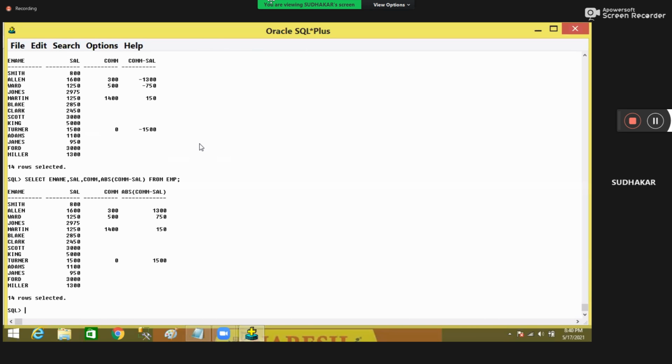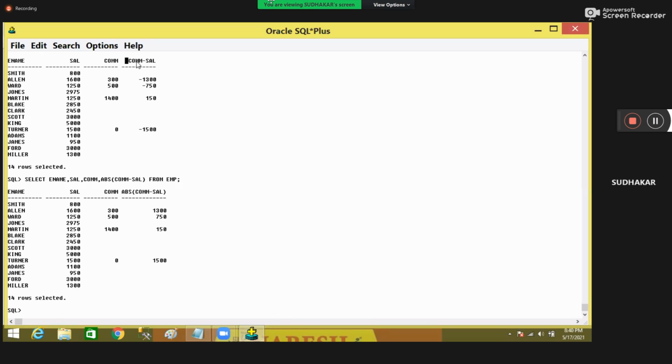Now I just executed. After executing, you can see the ABS function was applied on commission minus salary. The negative value previously minus 1300 is now converted into positive 1300. Previously minus 750, now positive 750. Previously 150 is positive, now also positive. And previously the negative value 1500, now it is converted into positive.